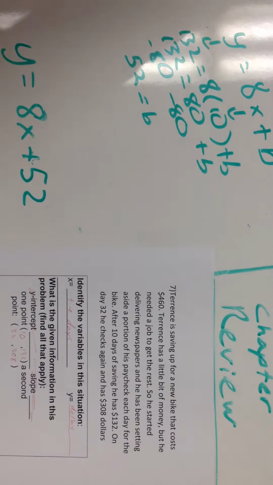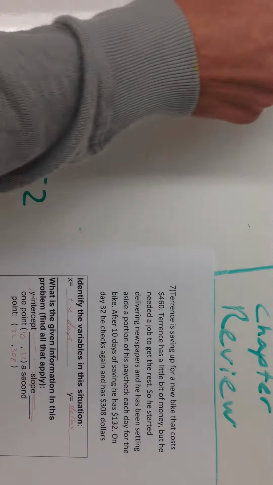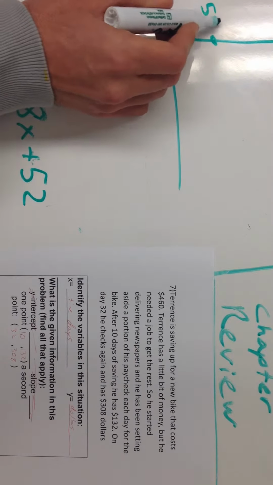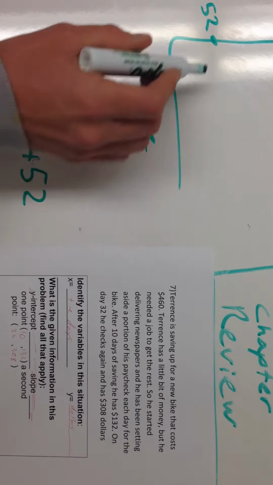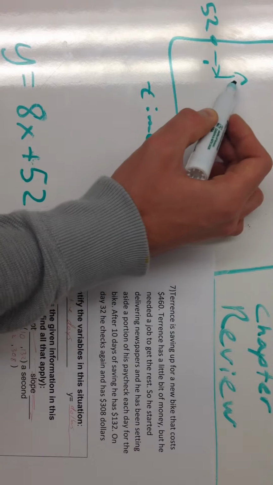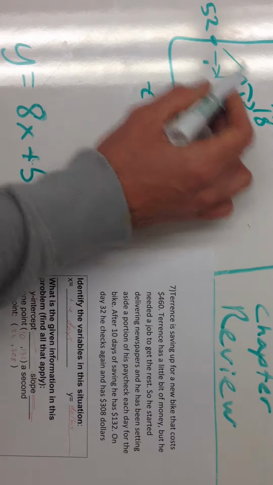Now we want to figure out some things about this. If we're thinking about this graph, we basically have a y-intercept up here at 52, right? And we said that this was dollars, and this was time. And we have a slope that says we go over 1, up 8, over 1, up 8, more or less.